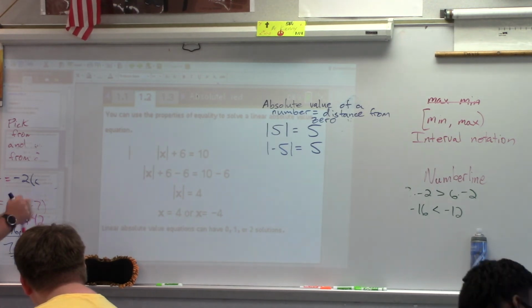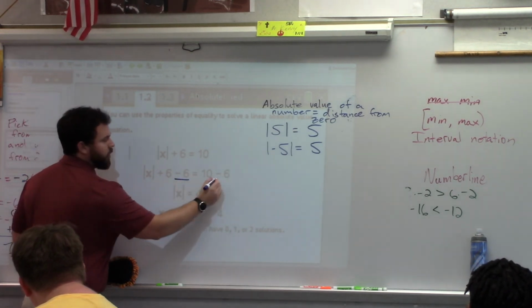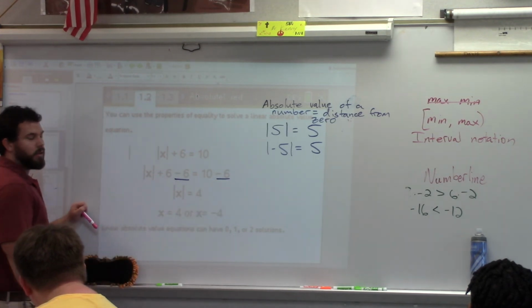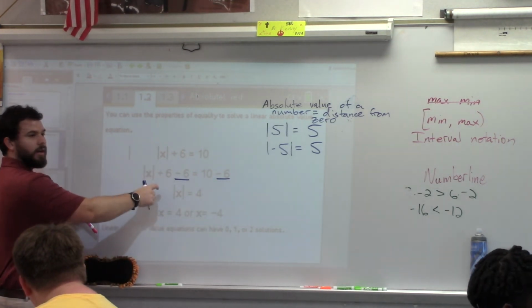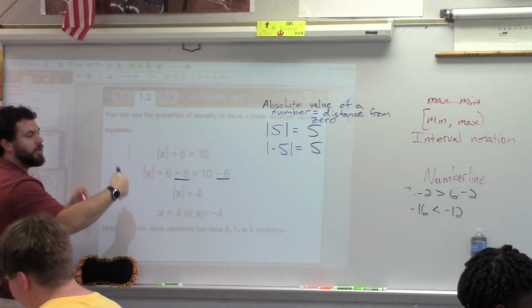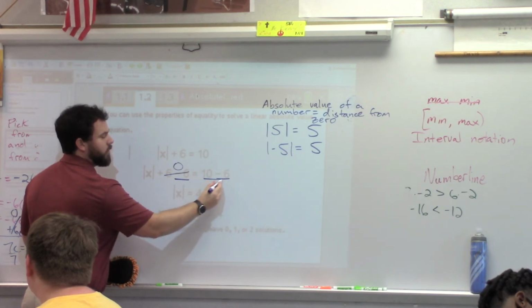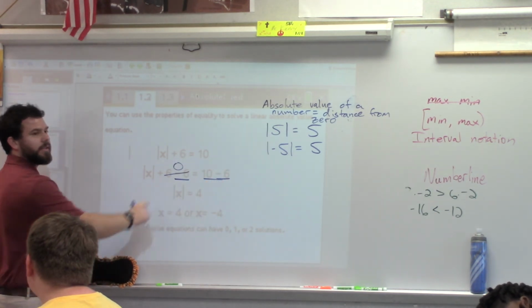Subtraction property of equality. Notice how we subtracted 6 on both sides? What we did on one side of the equation, we did on the other to make sure that the equation stayed equivalent. The absolute value of x equals 4.